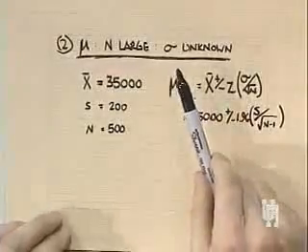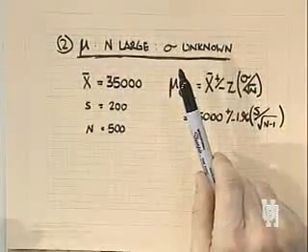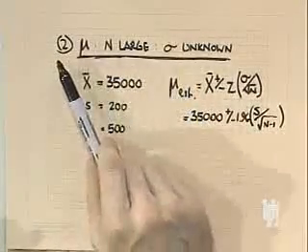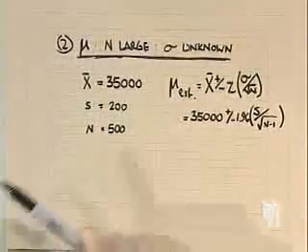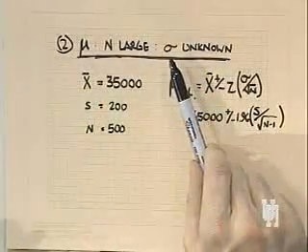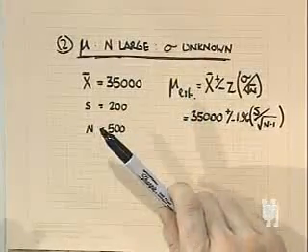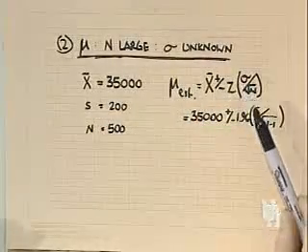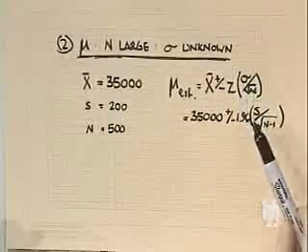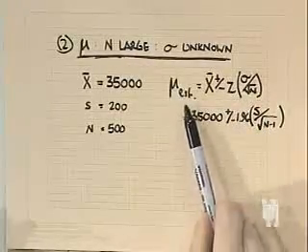So the only change from situation 1 to situation 2 is that sigma is known in situation 1 and unknown in situation 2. As a result, you have to use S rather than sigma in your formula.